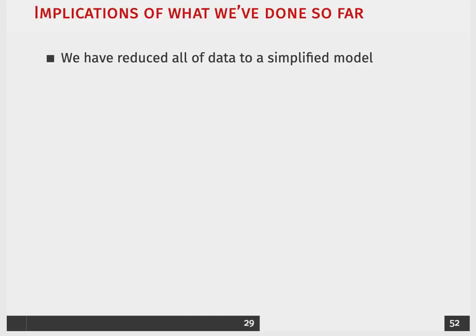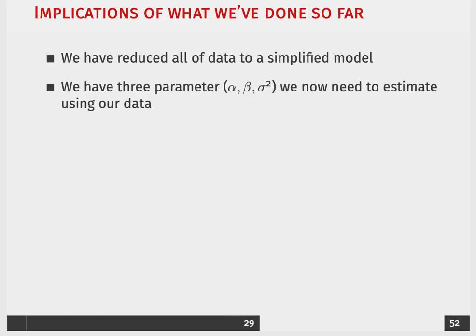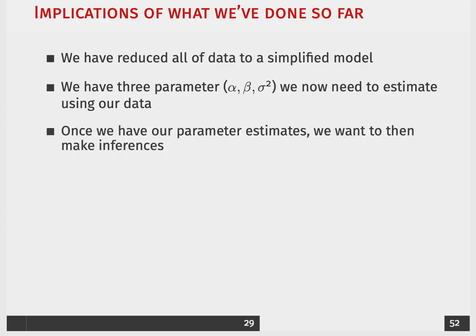So essentially what we've done is we've reduced all of the data down to some sort of simplified model, right? We're not going to get it right every time, but we want to get close and give our best guess as to what the true values of these 3 parameters are, right? So we need to estimate using our data what those parameters are. Once we have our parameter estimates, then we're going to want to make some inferences.